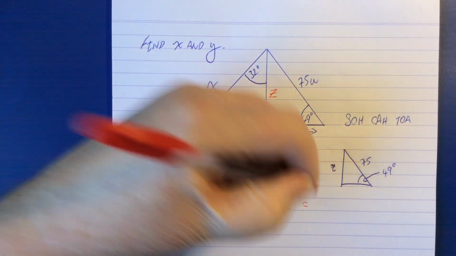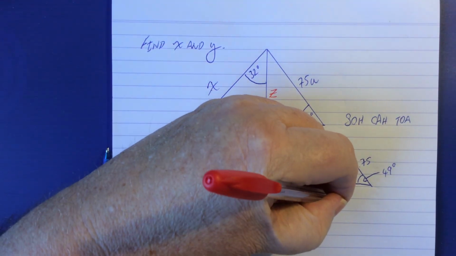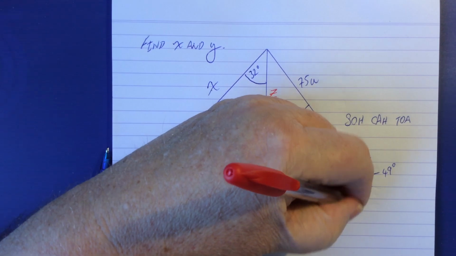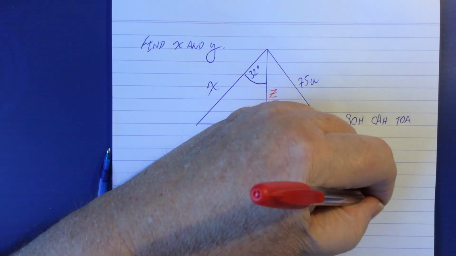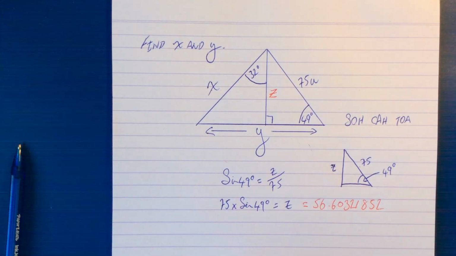So I'm going to note this here in red in full, 56.60321852. Now, if I were being lazy, I would round this to 56.60 and continue on my merry way.